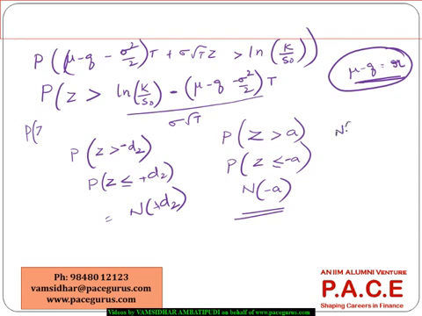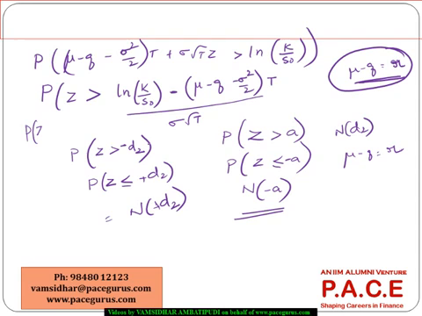So n of d2 is the probability that the call option will expire in the money only under the condition that mu minus q is working out to be equal to r.